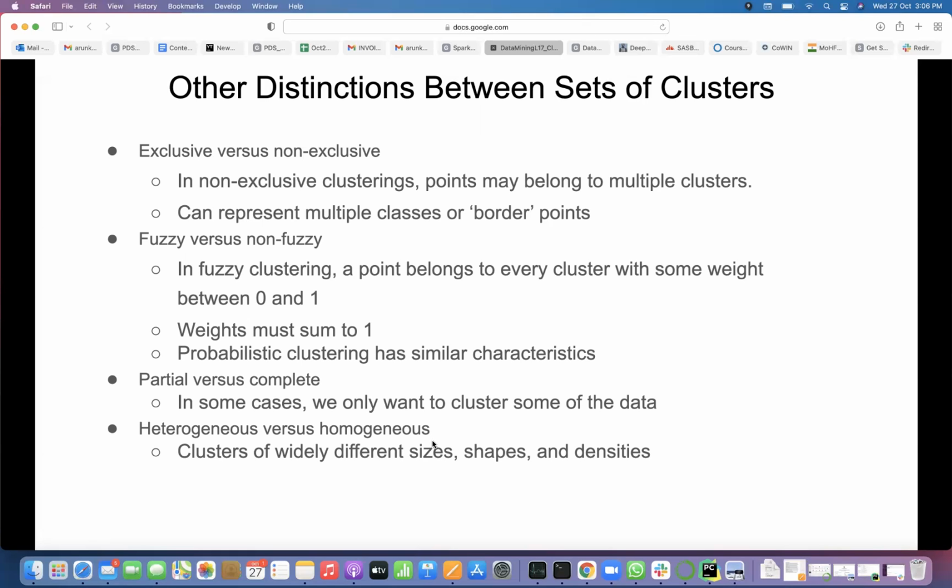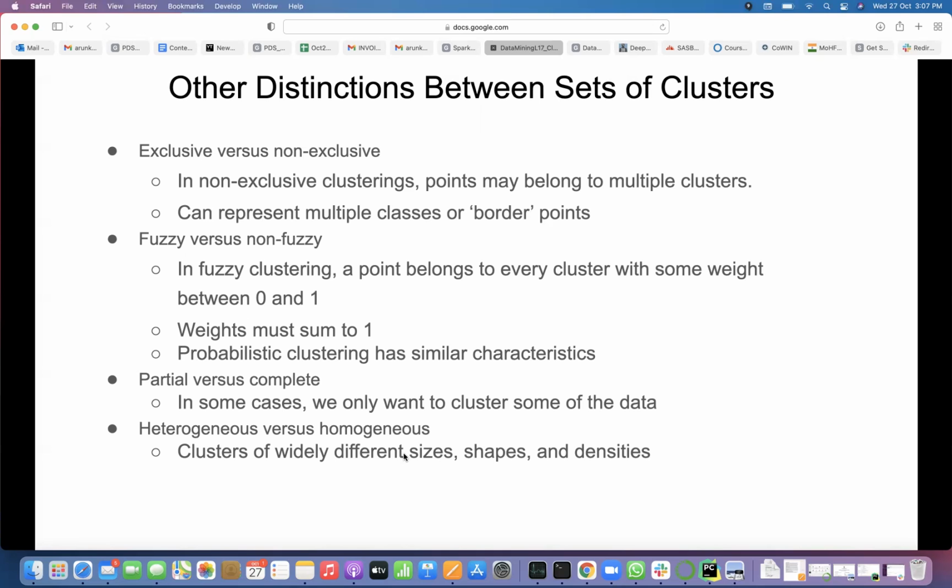Heterogeneous versus homogeneous: clusters of widely different sizes, shapes, and densities. We'll study this more. If you want to put the same size clusters, then it becomes homogeneous. Otherwise size is not important; optimization is important for me. It's the distance between the clusters and the distance within the cluster that is important. Then sizes may vary.